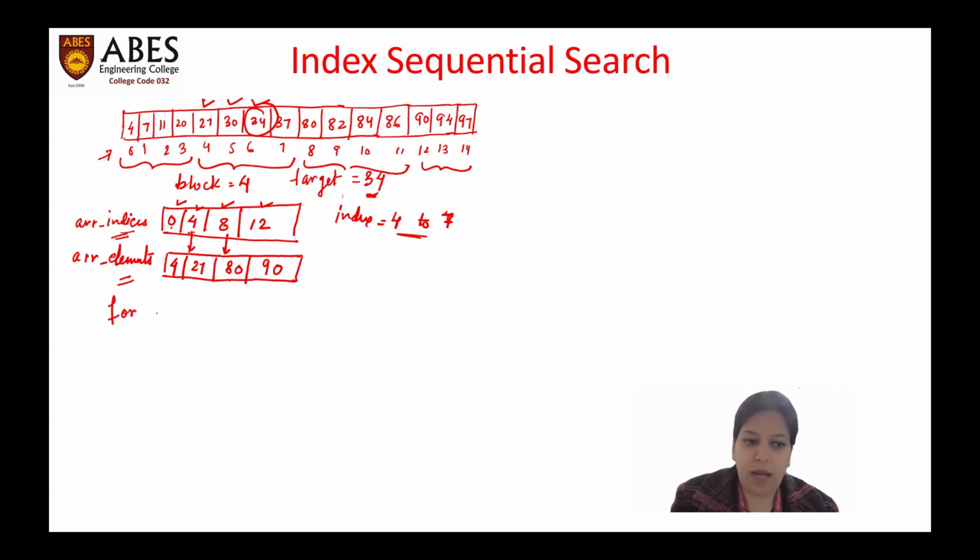For I equals 0 to n, what are we going to do? We are going to make the array indices.